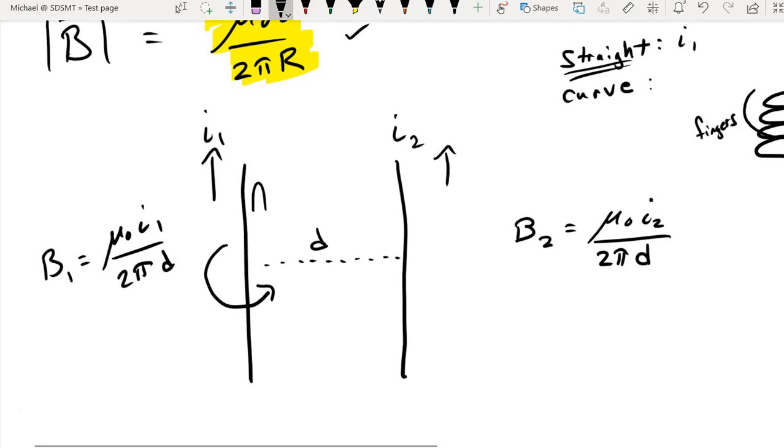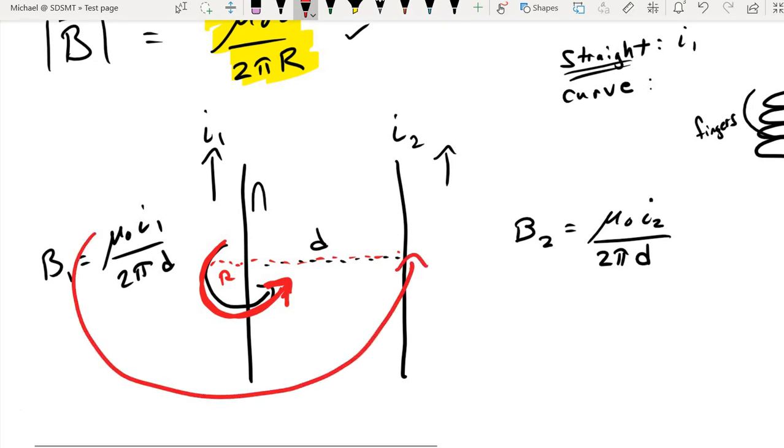And so this means we have a field that's orbiting around our current in this direction, but it's not just at that radius. We can go all the way out to a radius of D, and that means there's going to be a larger path for that same magnetic field to travel.